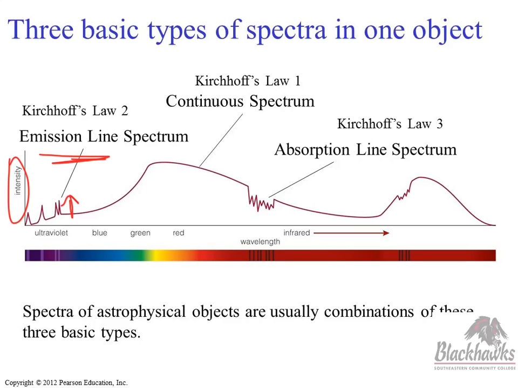There are people, and now we have computers to do it, that interpret spectra. It's a lot easier now than it used to be. But basically, they would look for signatures. Then do you see this region right here, where the intensity varies, but there are no spikes? That's Kirchhoff's first law, continuous, non-interrupted.